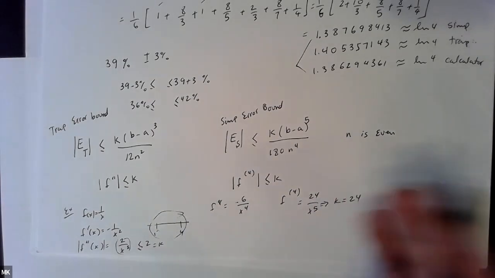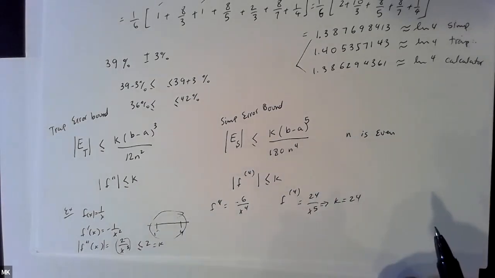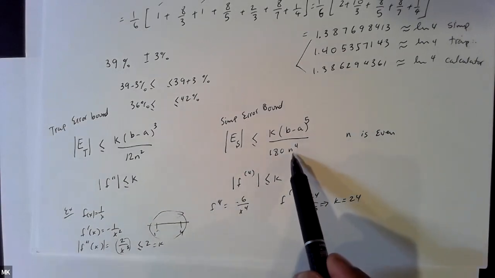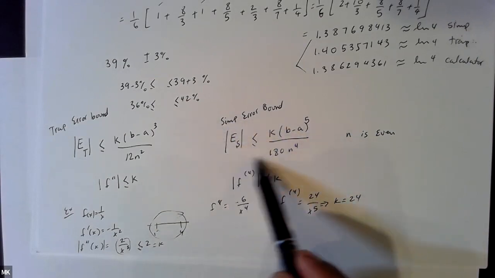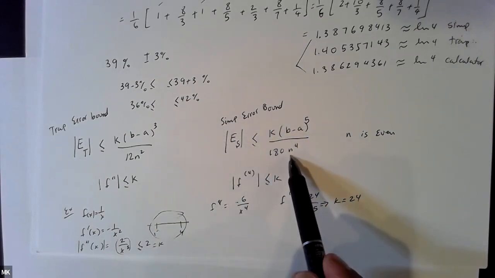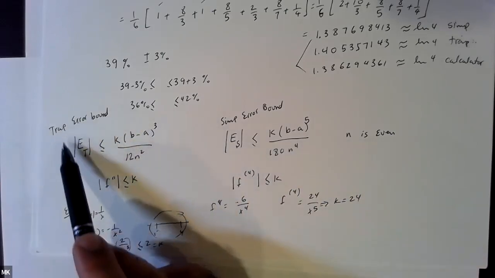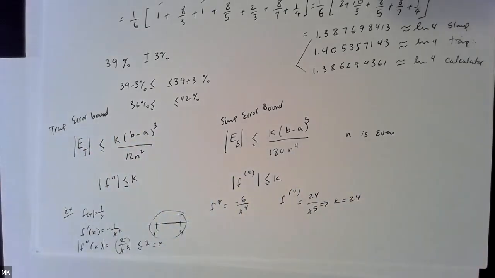As I said, you're going to get functions where it's easy to figure out the highest value for your second derivative or fourth derivative. What's important to notice is that for the same n value, the error bound for Simpson's rule is a lot smaller, with n to the 4, than the error bound for the trapezoidal rule.